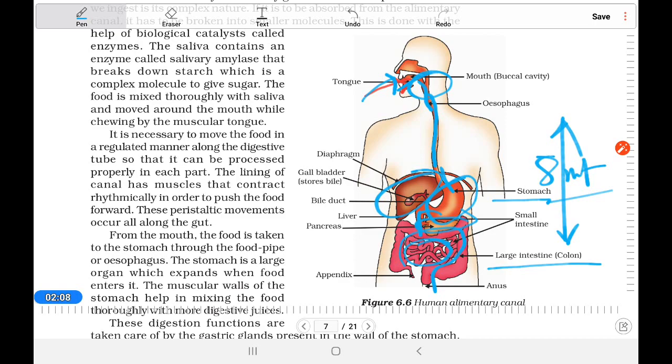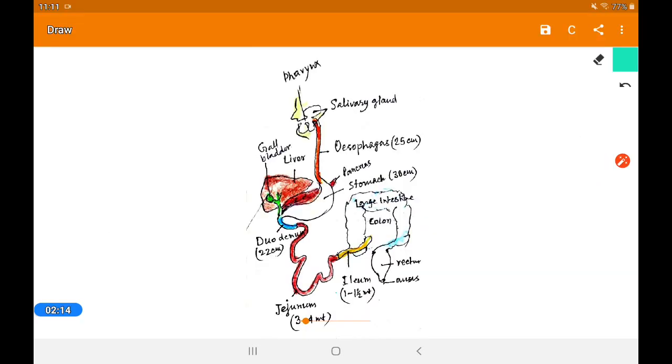Let's take a look at a more elaborate view. Now look here, the small intestine, which is open. You can see the gallbladder, which is connected directly to the bile duct, and here the pancreatic duct, then the hepatopancreatic duct, which joins the duodenum area.